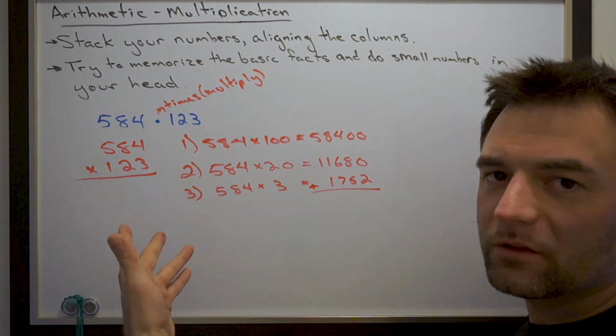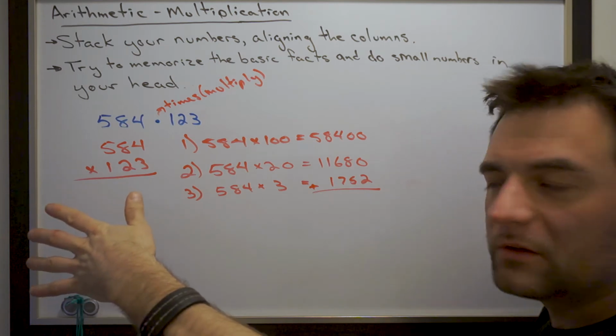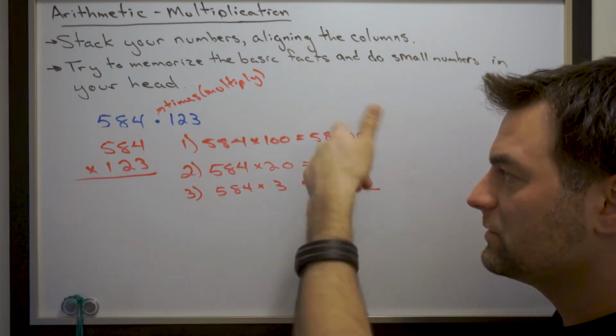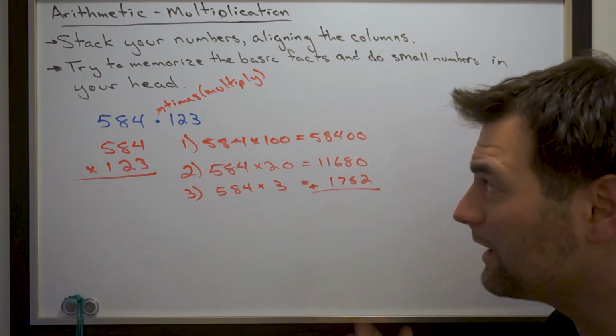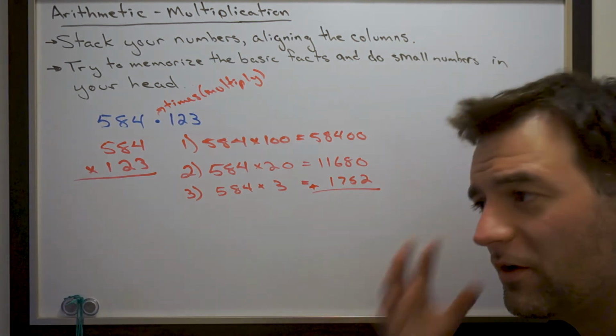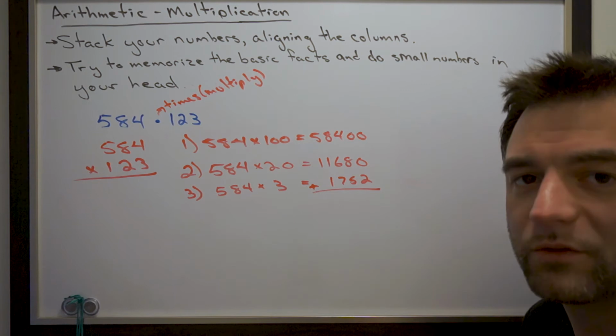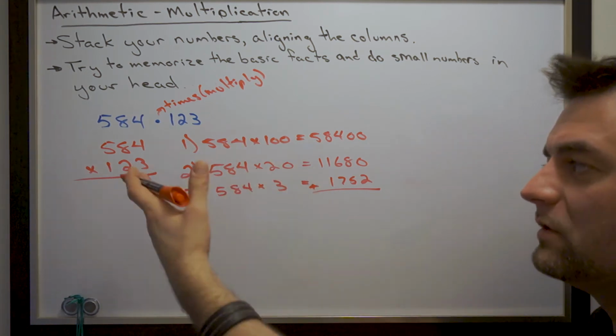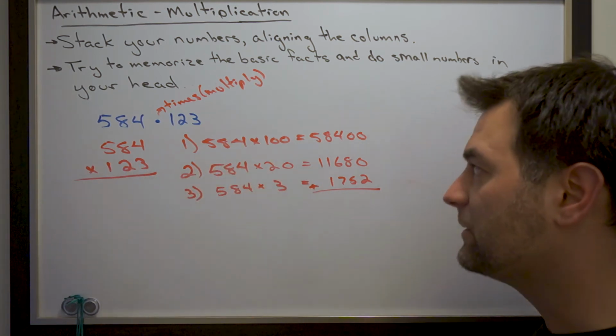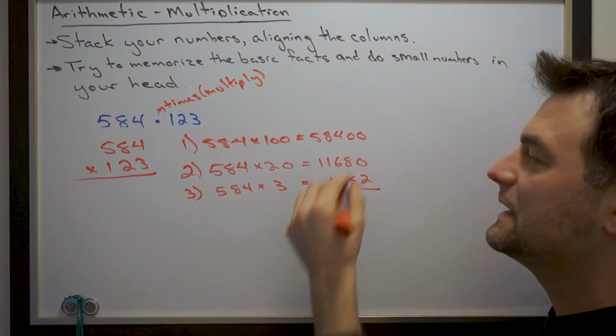And if we did this the regular way, where you were going from right to left, you would have got the same numbers, just in the reverse order. Now, these are bigger numbers. You might not want to have to carry all this in your head, so doing this as a written notation might be easier. Again, on the big numbers. Small numbers you should definitely be able to do in your head, 2-digit numbers, things like that.